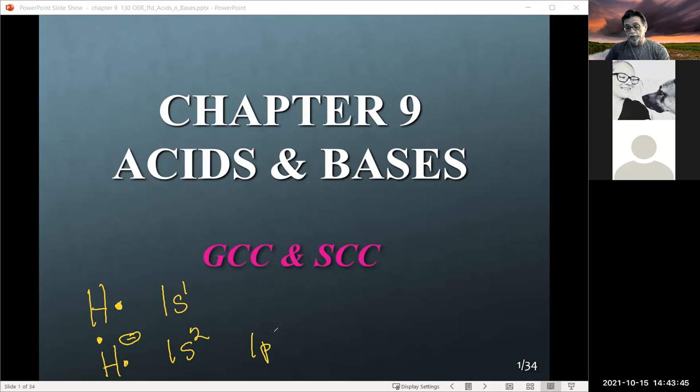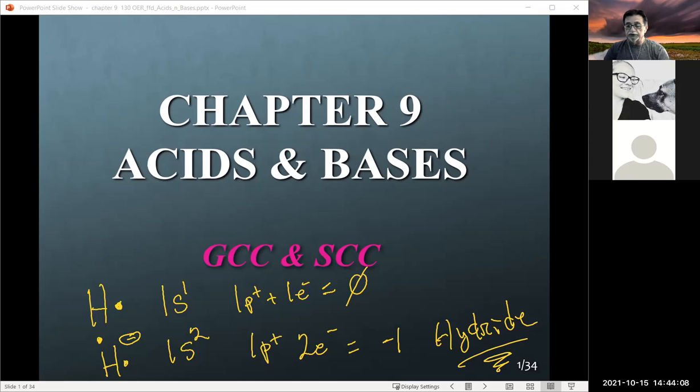As the atom, it has one proton plus one electron, so the net is 0. When it gains an electron, it's called hydride. A very crucial compound in chemistry, especially organic chemistry.